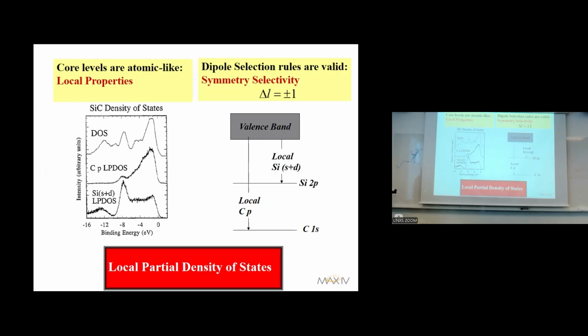So it is a very useful technique, and this means that you can use it to disentangle. If you have several different atomic species in a material, you can look at one or the other edge, and you will get parts of it. It's fairly complicated. I should warn you, you need a theoretical partner to fully understand this, because you will need to do those calculations to understand this.